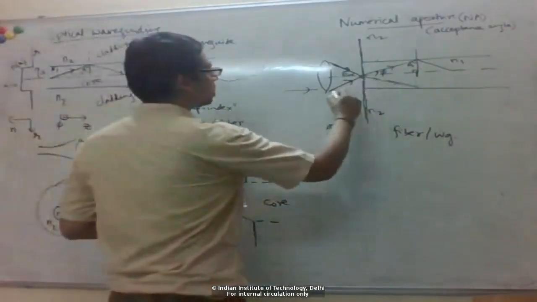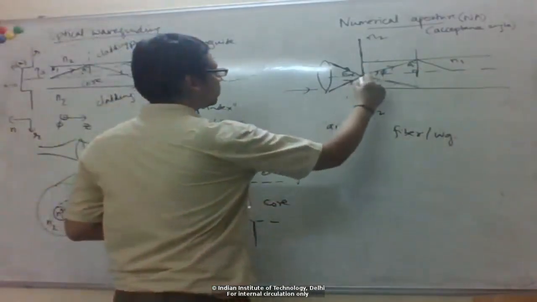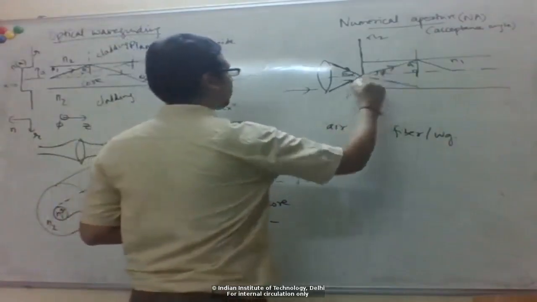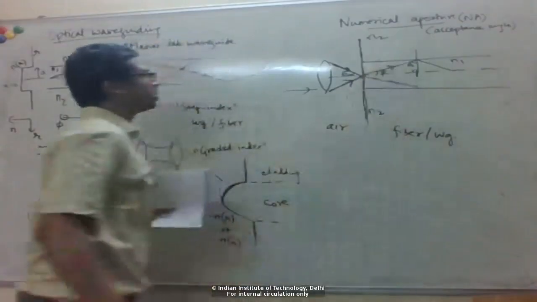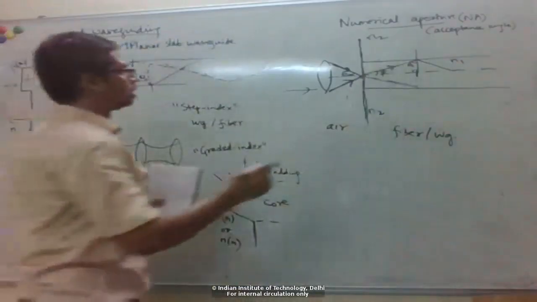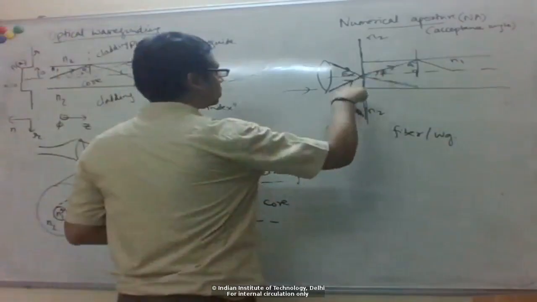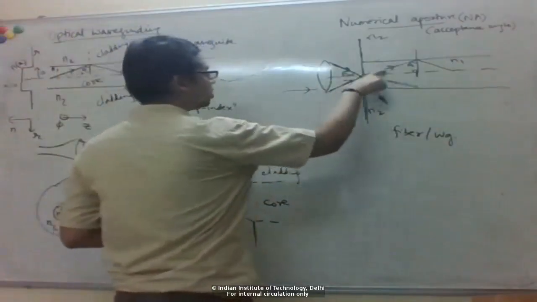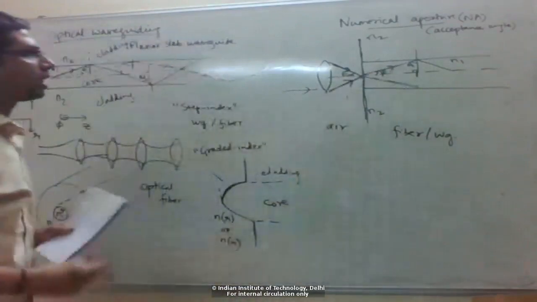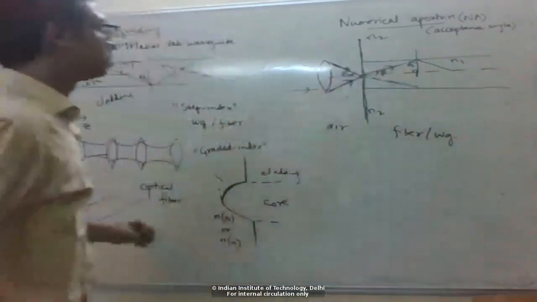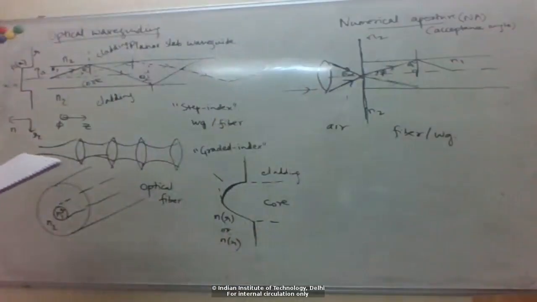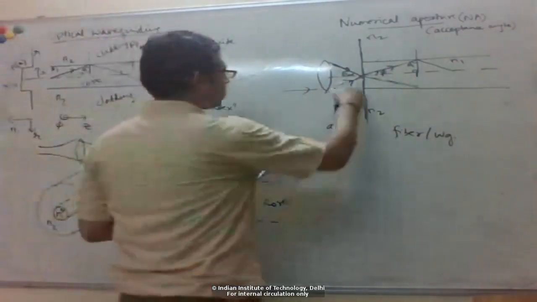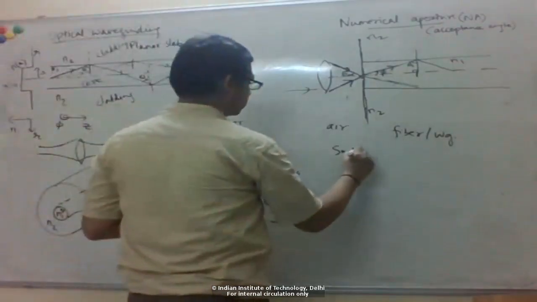At this input interface I again have reflection and refraction going on. So I can use Snell's law to relate this theta NA, the input incident angle, to this phi, the refracted angle into the guide.